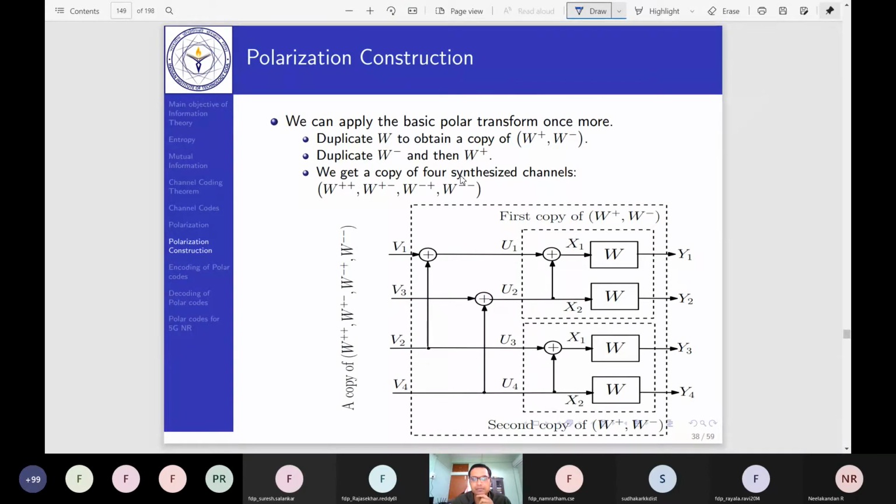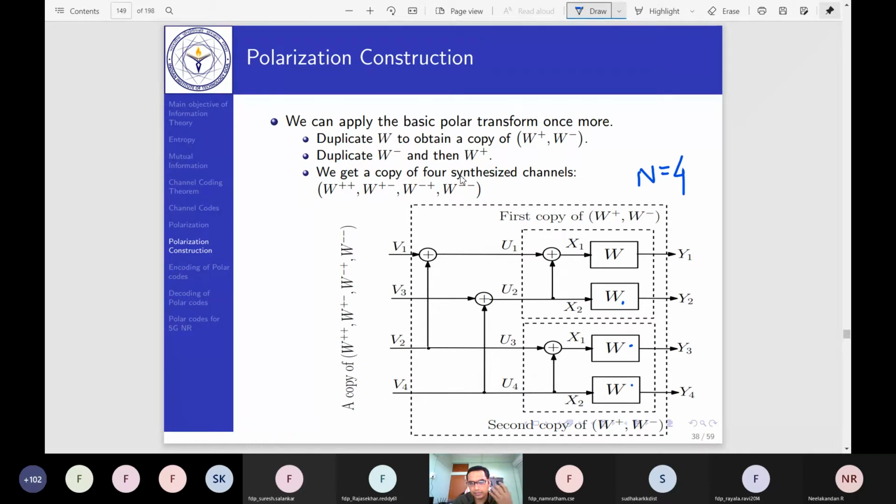So in this way we can find the polar code of length n equal to 4. We started with 4 identical copies of W, and we get these input bits. So this is the polarization construction.